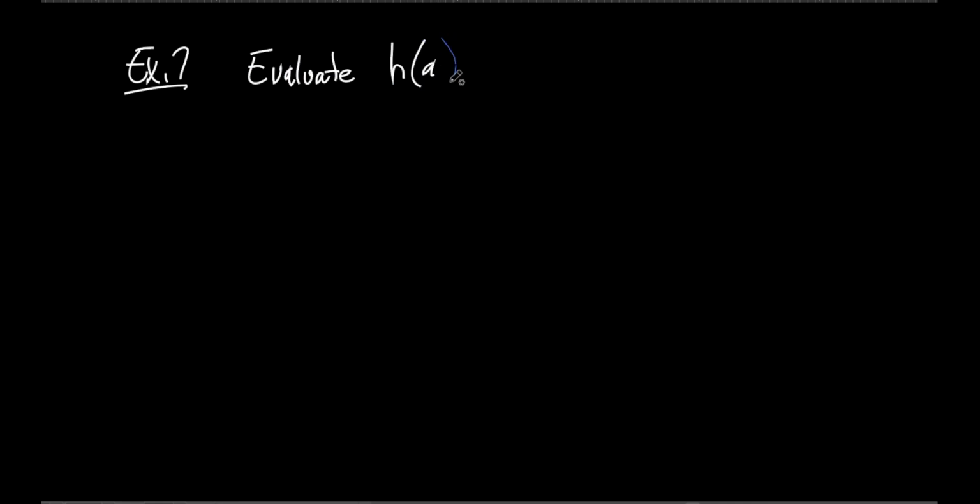That's kind of weird, because normally they have like f of 2 or f of negative 3. But this time they're saying evaluate h of a if h of x equals, and then some big crazy thing. Don't worry about this. We're not really going to have to do any real math.